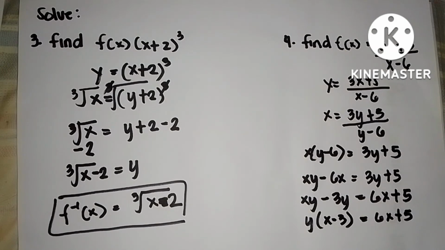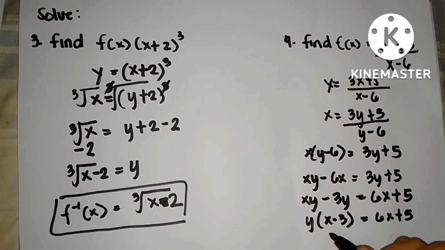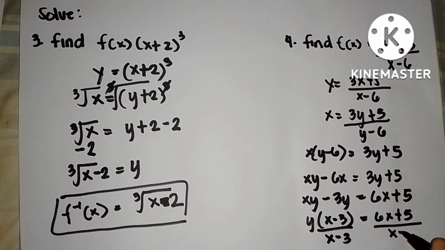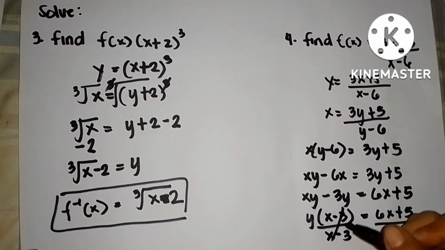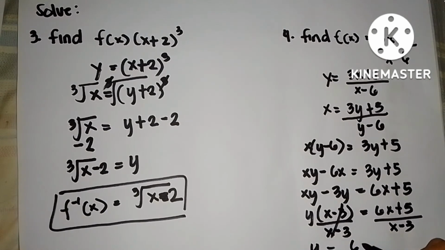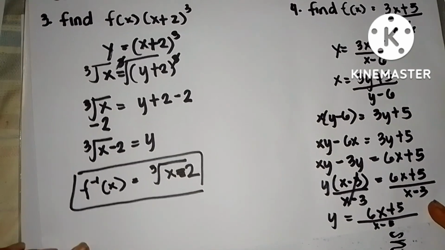And for our multiplicative inverse, we need to divide both sides by x minus 3, and then cancel out this, and the left will be y equals (6x plus 5) over (x minus 3). Then after that, change the y into the inverse function.